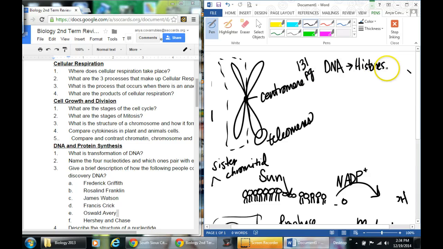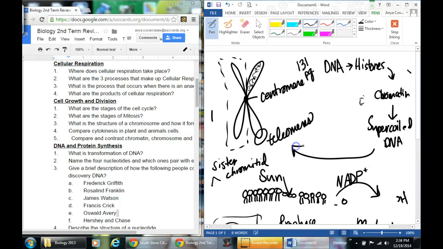And then those histones kind of start circling around each other, and so we get this coil, and then we get a supercoil, and then finally we end up with a very condensed chromosome that's full of just DNA and little histones. So the first coil of histones being wrapped around the DNA and starting to coil, we call that chromatin. And from chromatin we go to supercoiled DNA, and then we arrive at the chromosome. So that's how it gets condensed.